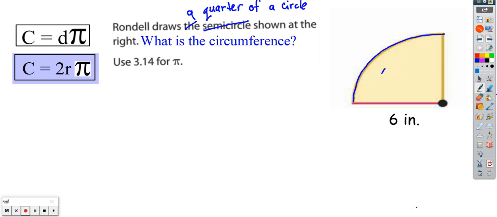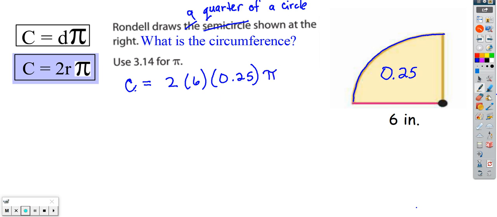Now I know that this represents a quarter of a circle. They give me the radius right here, so I'm going to use this formula. Circumference is going to be equal to 2 times my radius. Again, I only have a quarter of a circle, so I have to put that in my calculation. A quarter of the circle, 1/4 of it, times pi.